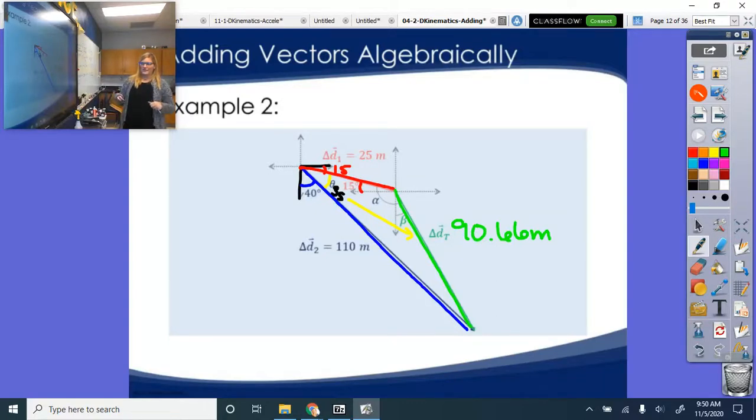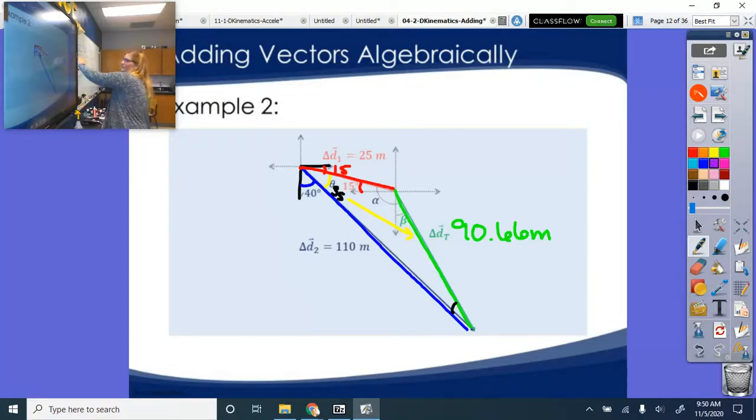To do that, I have all 3 side lengths, and I have 1 angle, so I can solve for my other angles. Now, I don't care at all about this one down here. That's why it's not labeled. It's not going to give me any new information.